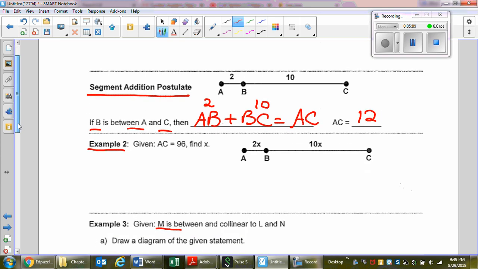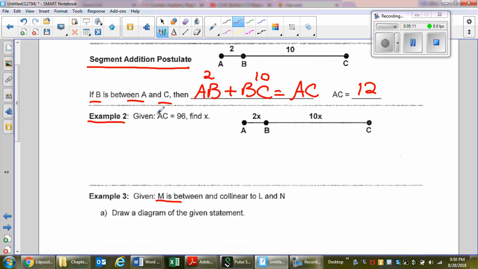All right, so now what if it's a variable? It's the same concept, but in this case, they gave you AC to be 96. So I can use the same segment addition postulate, which is AB plus BC equals AC, right?